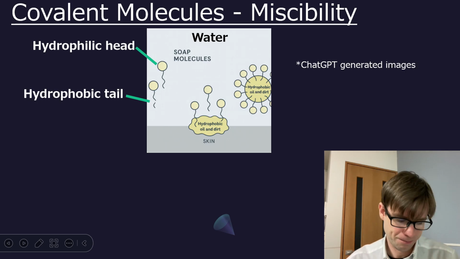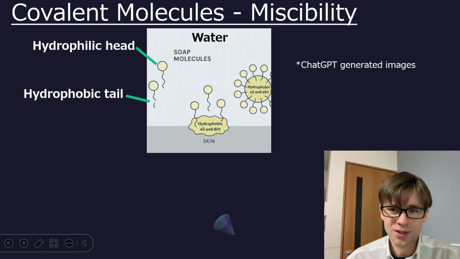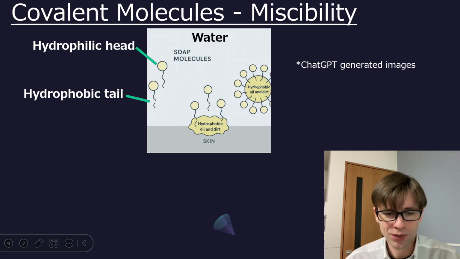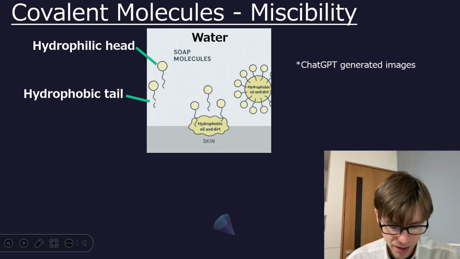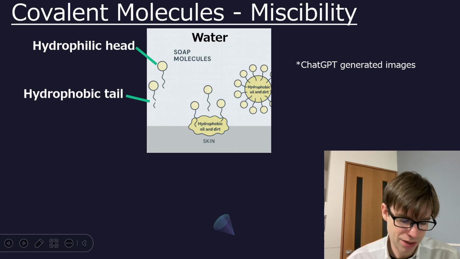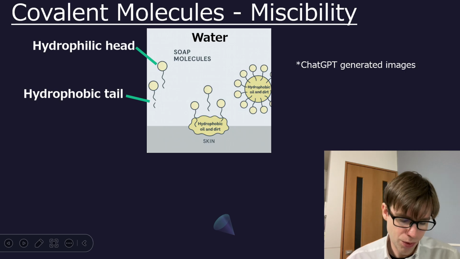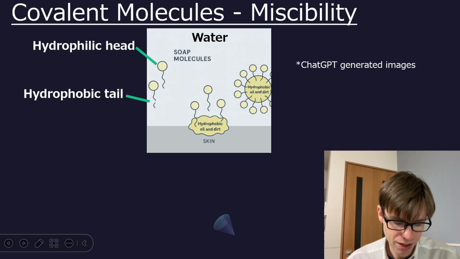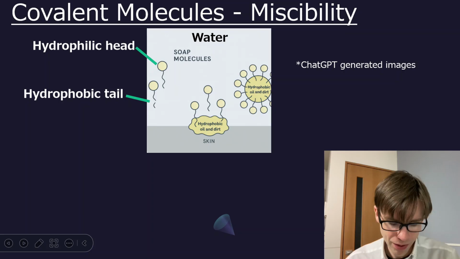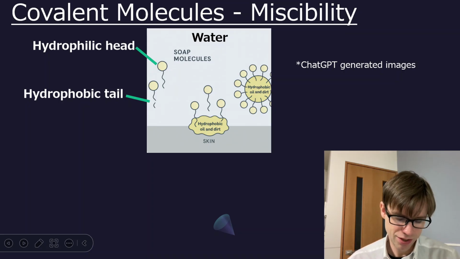So this is what's going on with soap molecules. You guys might wonder how soap can mix with water and oil and dirt and basically anything you'd want to wash away. It works because it has these regions, a hydrophilic head and a hydrophobic tail. So when you pour water on yourself, on your skin to wash it, the hydrophobic oil and dirt, usually that's on your hands or whatever on your skin, the hydrophobic regions of the soap will grab onto that and immediately attach and form some London force interactions.